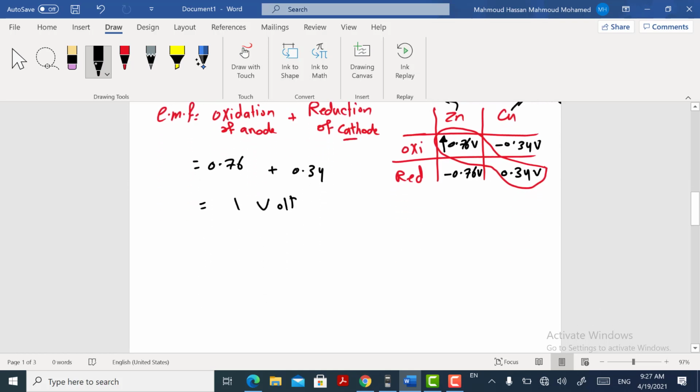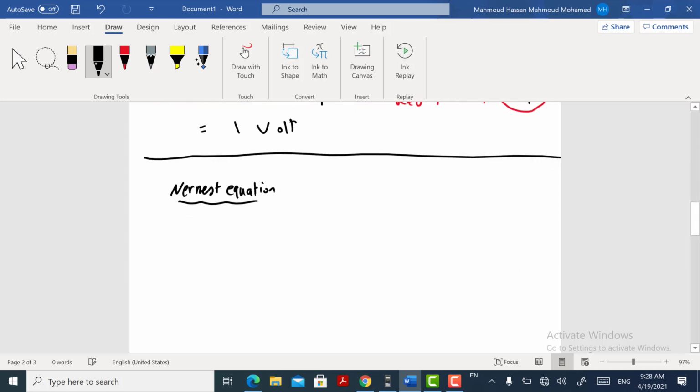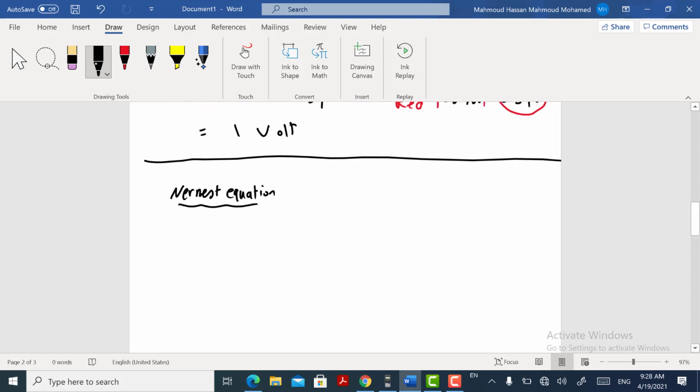Sometimes the concentrations of the ions in the cells are different, like in the Nernst equation. For other problems, we're bringing the problem for the Nernst equation if we have different concentrations in the cells.